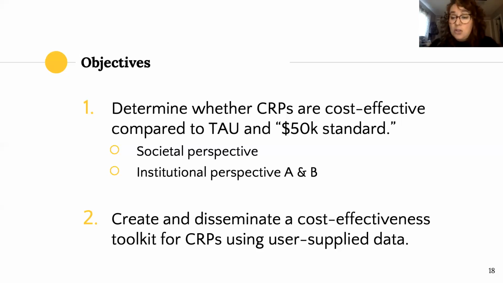And then treatment as usual, or TAU, that's what that acronym is. That's the second threshold that we're going to use. If you remember back to an earlier slide, it's a ballpark between $15,000 and $22,000. That's the cost of those repeat treatment episodes. We're using that as a proxy for treatment as usual.